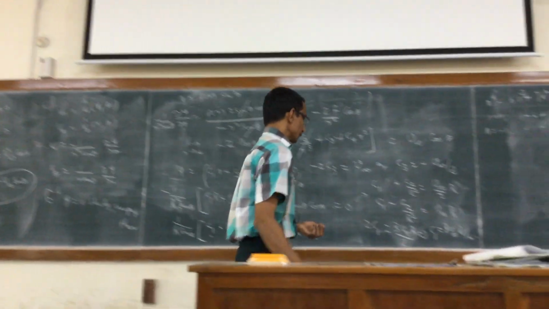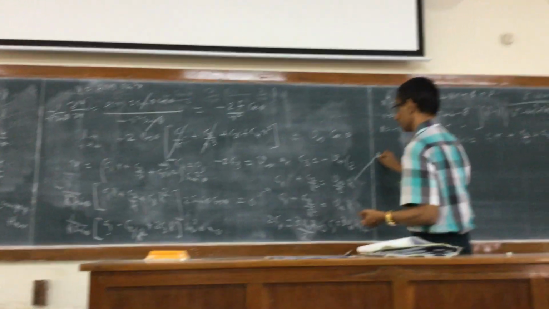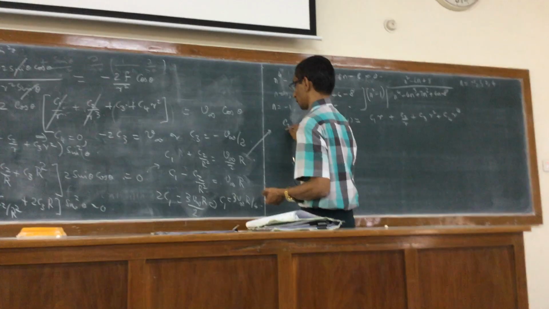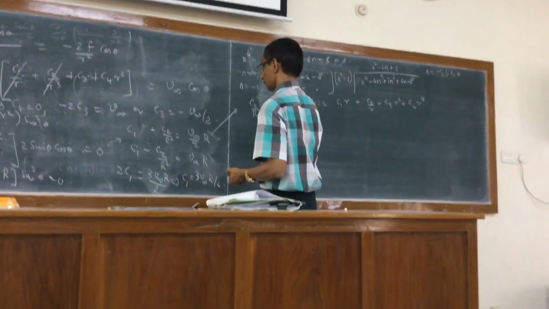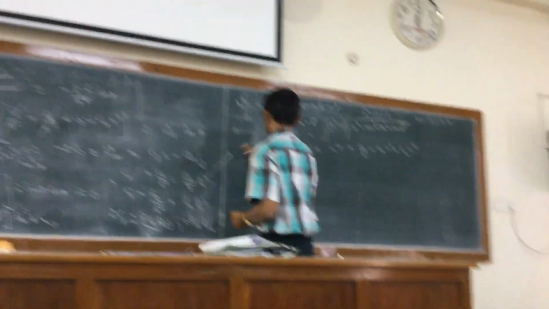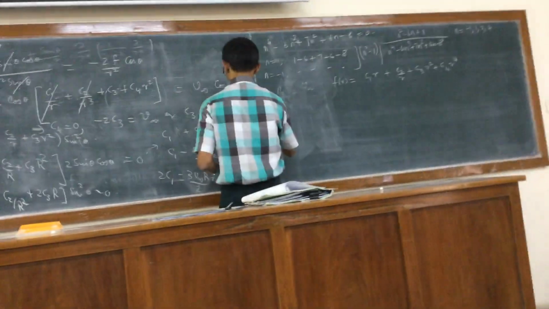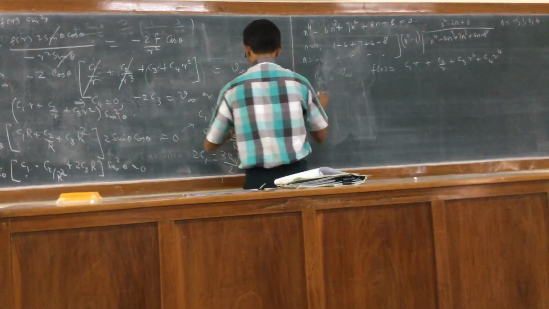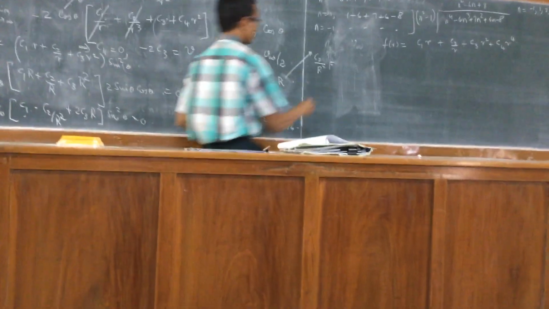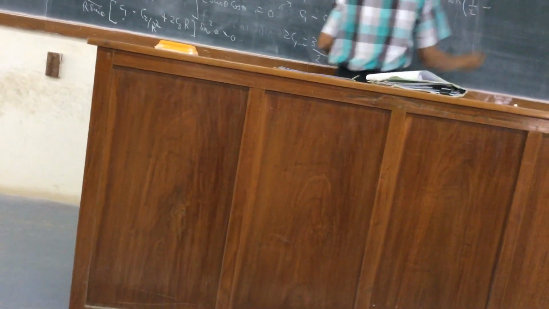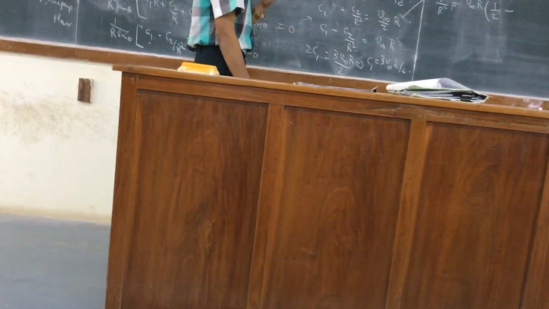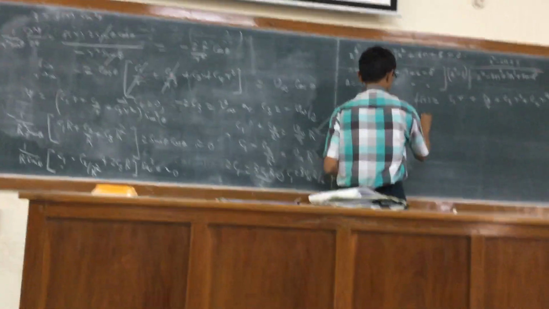So from that, I can easily determine C2 from either of the equations. C2 by R square is B infinity R by 2 minus C1, which is 3 B infinity R by 4.